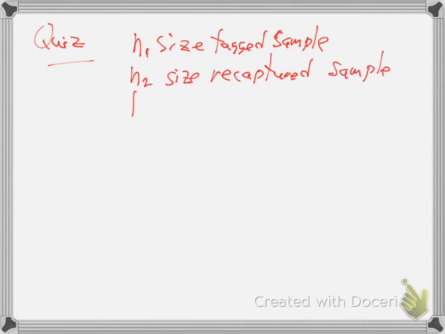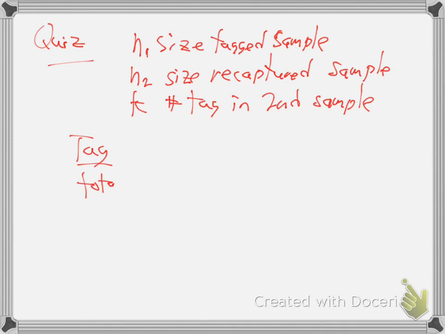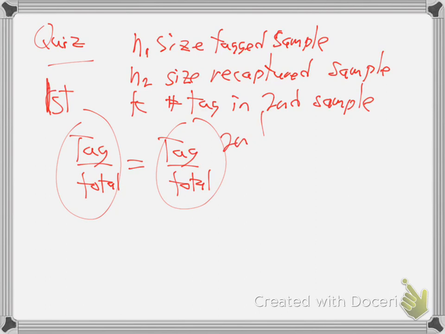And K denotes the number tagged in the second sample. So remember the formula we had: tag over total equals tag over total. That was the formula for solving those. This was from the first catch, and this is the recapture, the second catch.